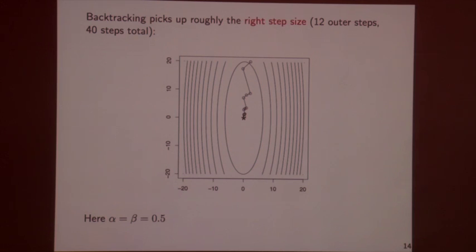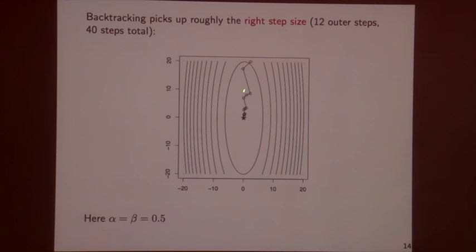Okay, so this is a picture where Ryan was running the backtracking line search algorithm on the previous function, the quadratic function that we saw before. And the backtracking is picking roughly the right step size. So we are starting from here, and we are making steps of different size. This is chosen adaptively by backtracking line search.